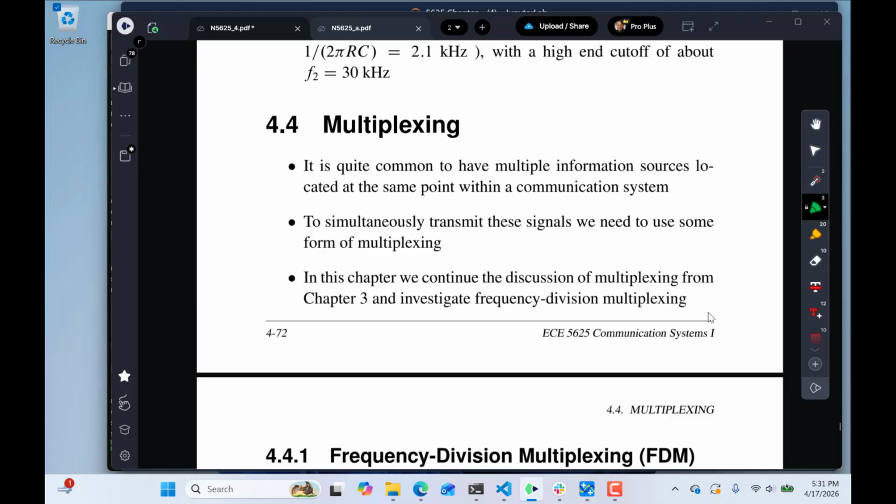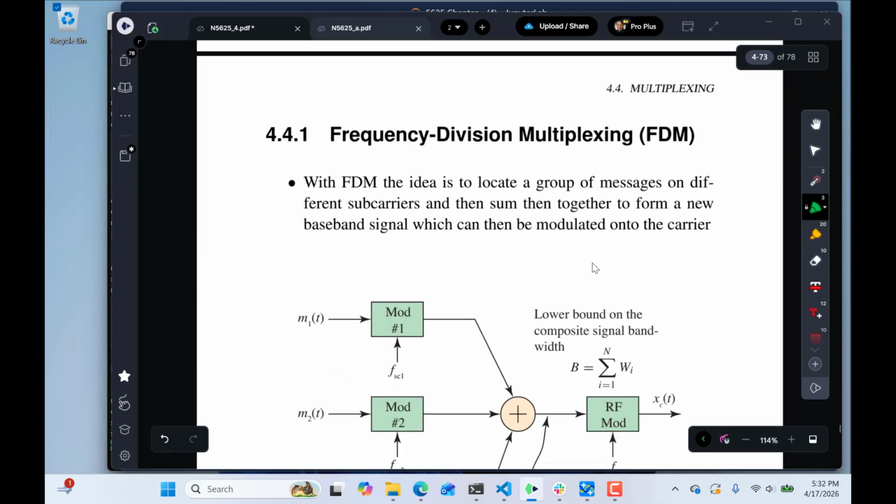So the next topic, and this is heading down the home stretch to the end of this chapter, is multiplexing. Multiplexing is very common. It's kind of like the continuation of the discussion of time division multiplexing at the end of chapter 3 for digital streams. When we have analog streams or analog waveforms, we use what's called frequency division multiplexing. So let's take a look at that.